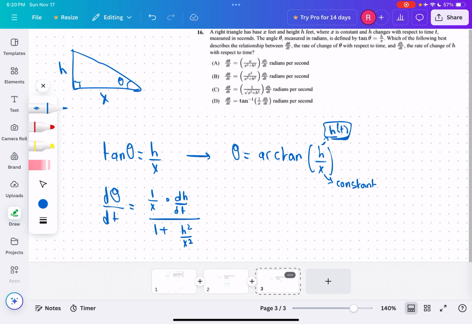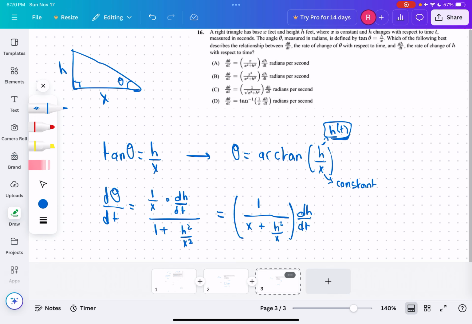So now, if we bring down the 1 over x, it will be 1 over x plus h squared over x. Now, all of it multiplied by dh over dt.